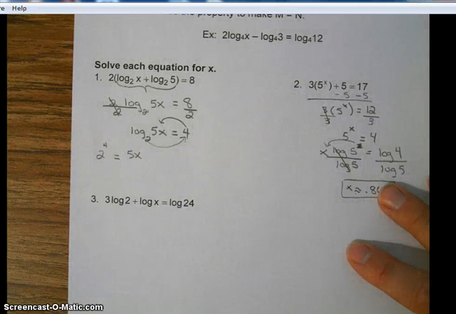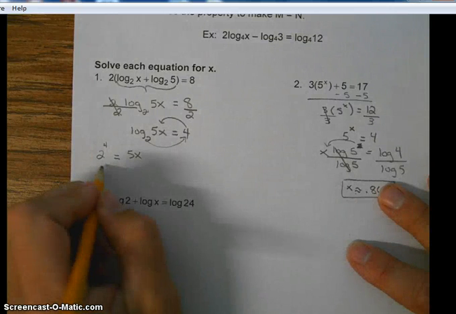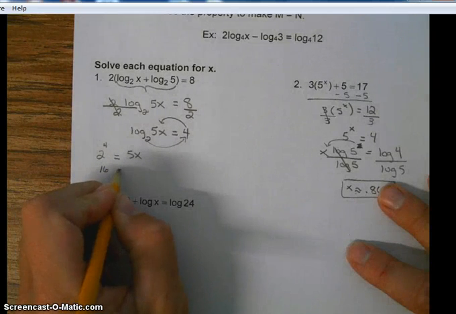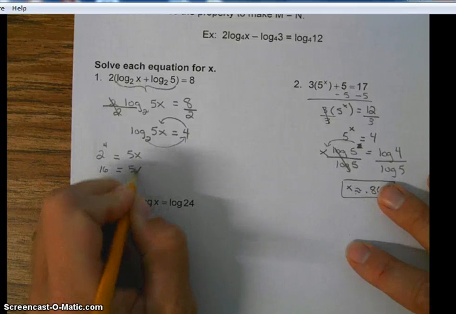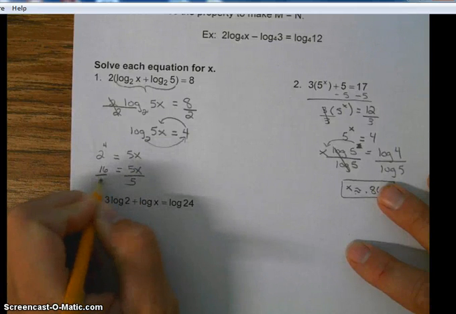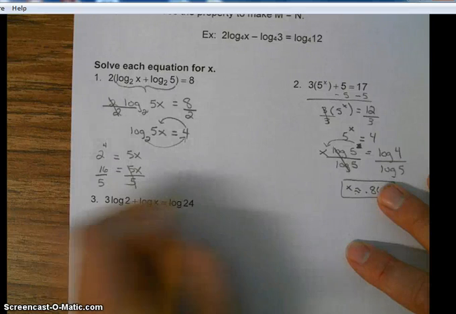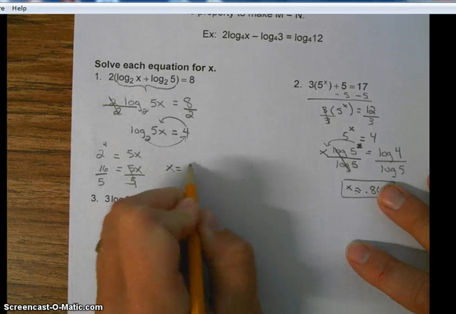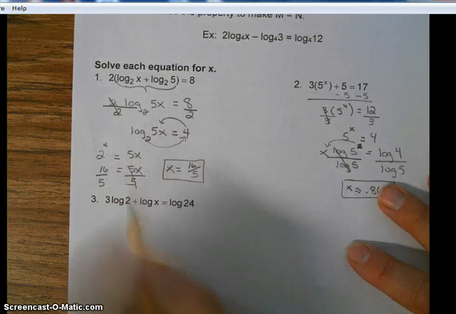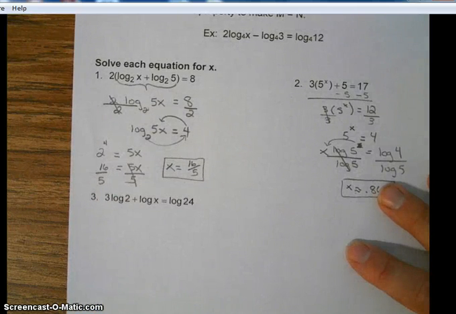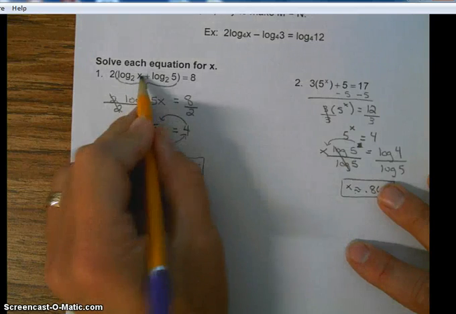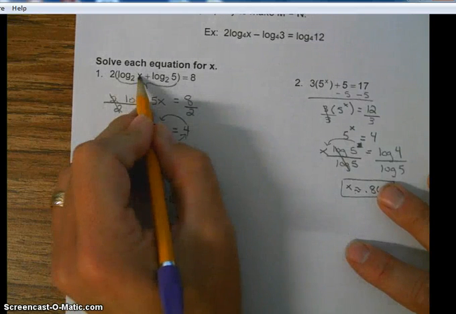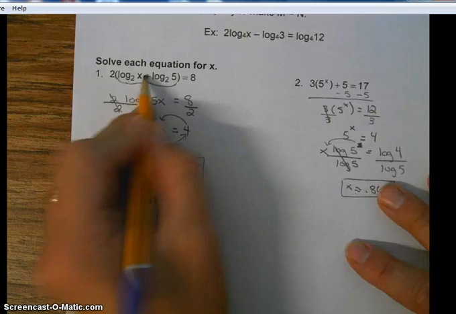Okay, so we have 2 to the 4th power, which is 16, equals 5x divided by 5. So x is going to be 16/5. And yes, I would leave it as a fraction. And remember, check to make sure it is positive. If you plug it in, the argument is positive, so we're good.